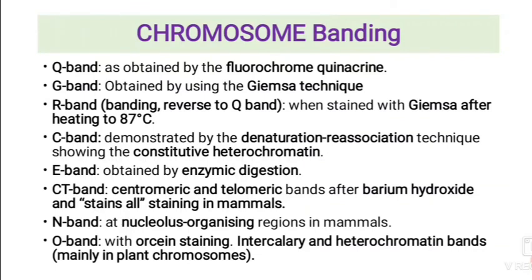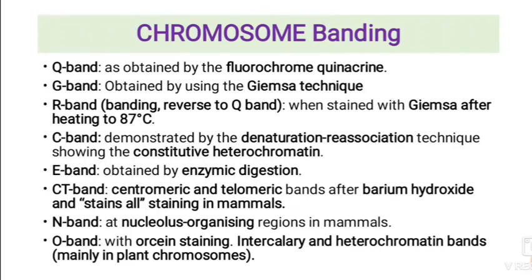Different types of bands are obtained by using different techniques, and these are made visible through low and high intensity regions under the fluorescent microscope, or a series of differently stained bands under the optical microscope. So it is easy to identify a chromosome by its banding pattern, just as human beings are identified by fingerprints.